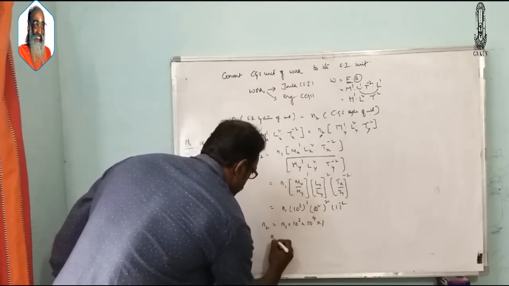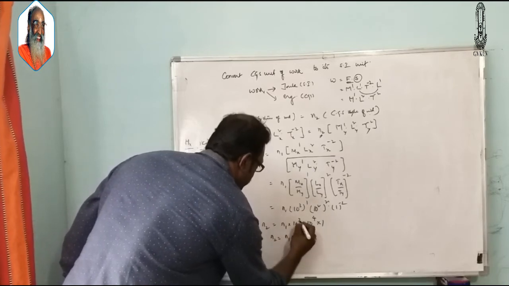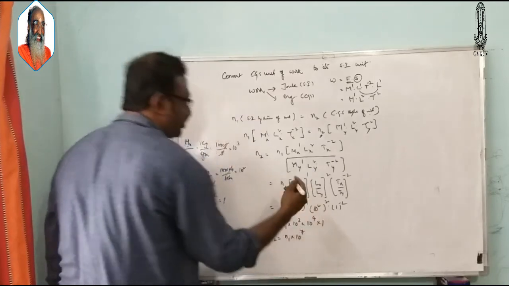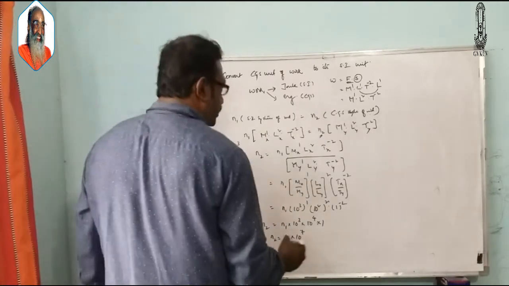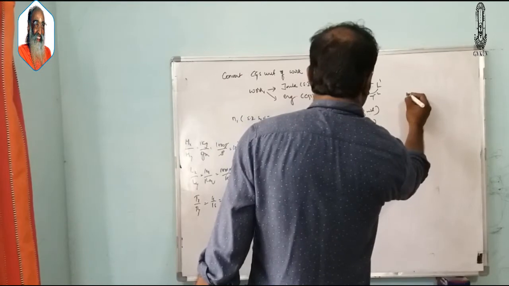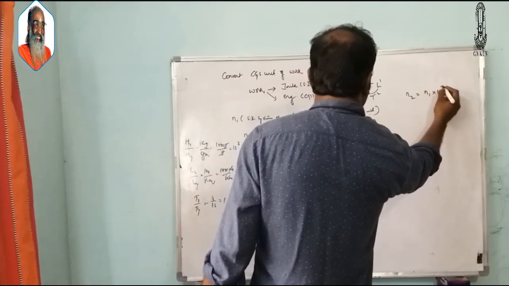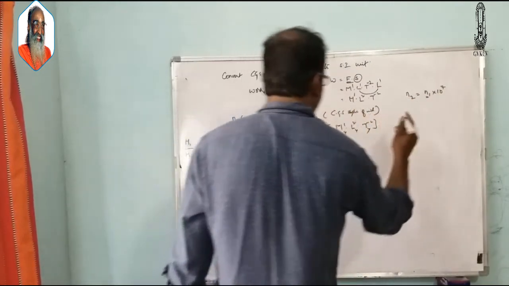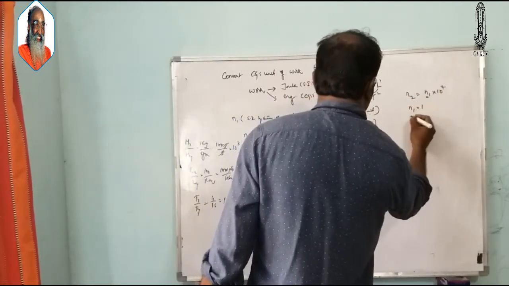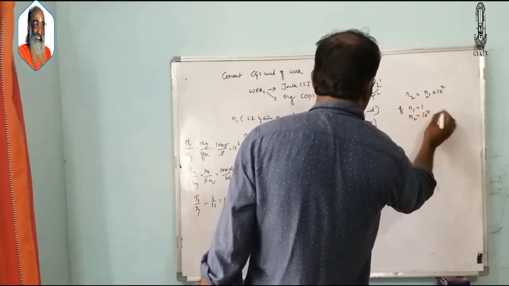So N2 is equal to N1 into 10 to the power of 3 plus 4, it is 10 to the power of 7. Now if N1 is equal to 1, N2 is equal to 10 to the power of 7.